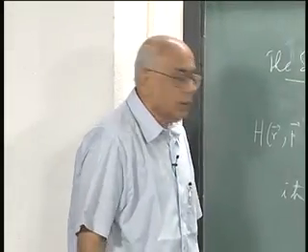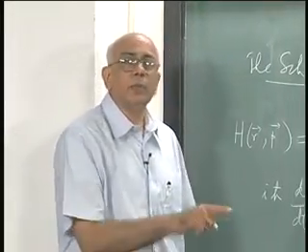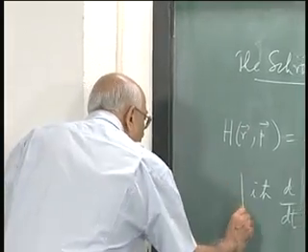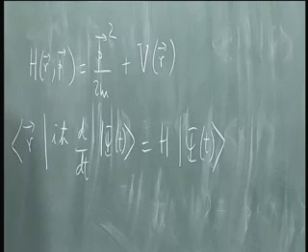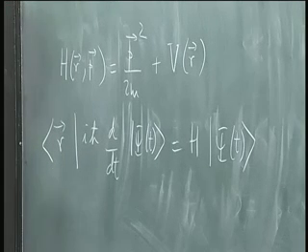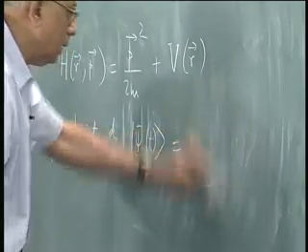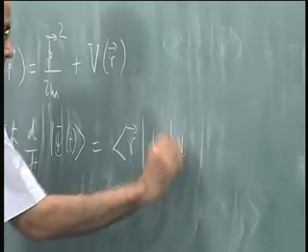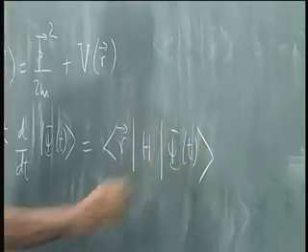The question is, what does it look like in the position basis? To do that, all you have to do is take some particular labeled position eigenstate |r> and take scalar products on both sides with respect to it. So here I put <r|H|psi of t>.